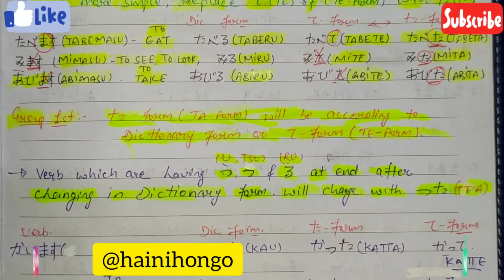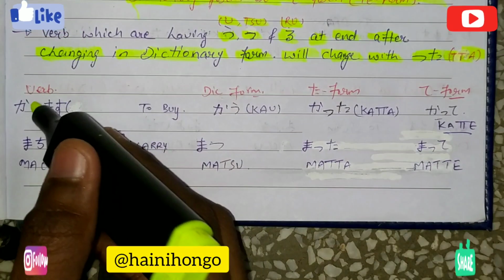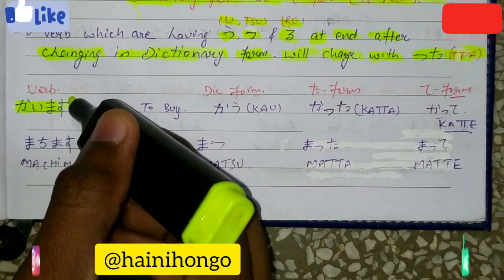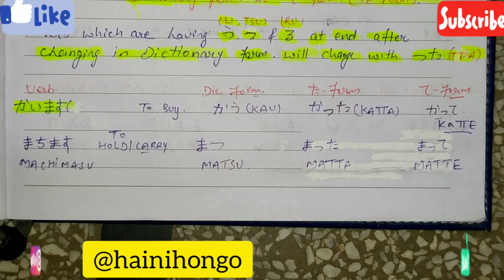Let me take you guys to an example. Here we have the verb kaimasu. Kaimasu means to buy.